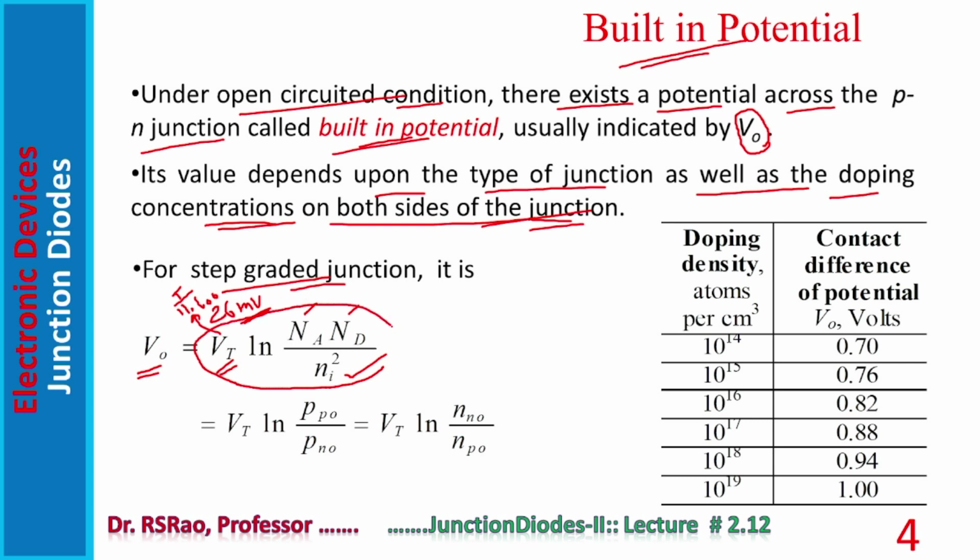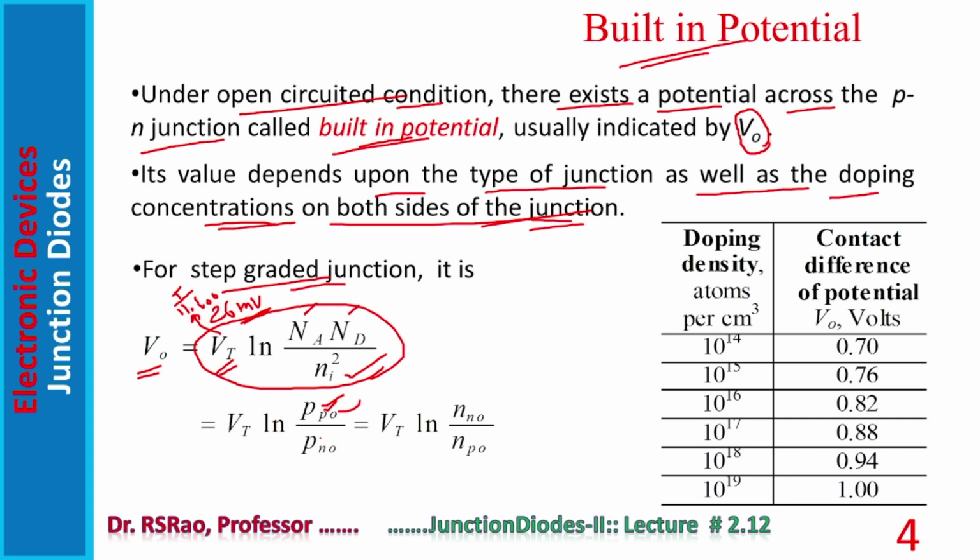This expression can be shown equal to Vt natural logarithm Pp0 by Pn0, equal to Vt natural logarithm Nn0 by Np0. Pp0 means hole concentration on the P side under equilibrium conditions.